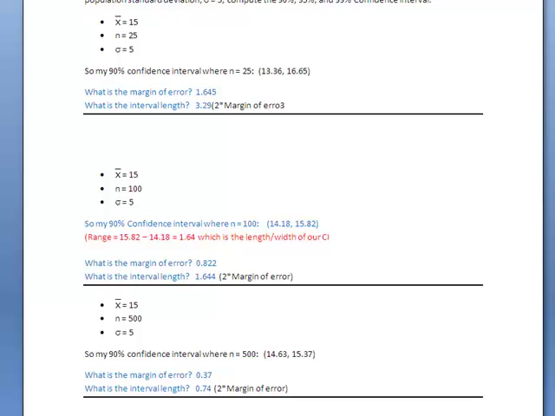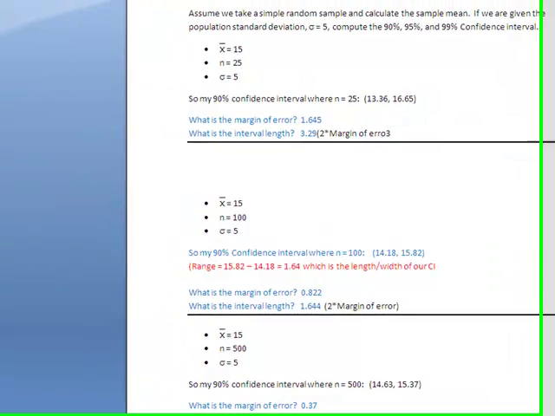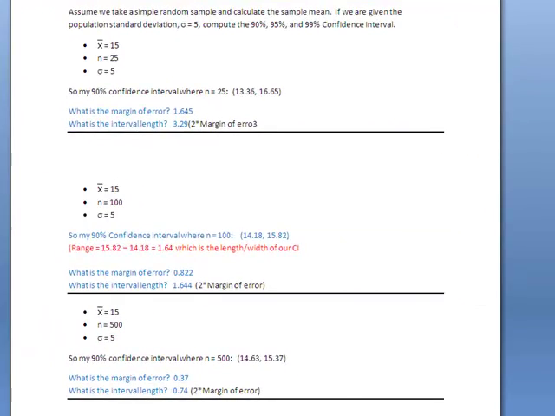So now I've got them in order, sample size of 25, 100, and 500. And we can see how the margin of error decreases as our sample size increases. So if they wanted a more precise confidence interval at a particular confidence level, more precise meaning a smaller length, then we would have to increase our sample size.